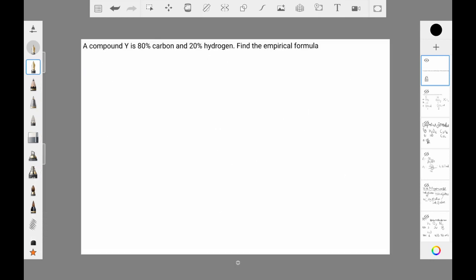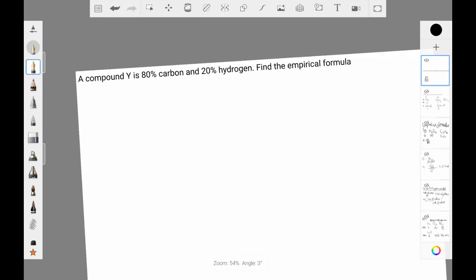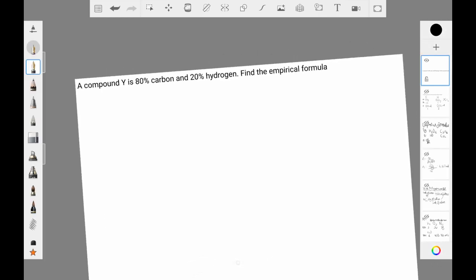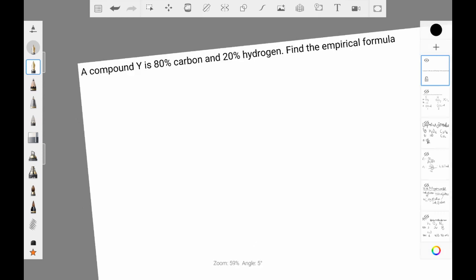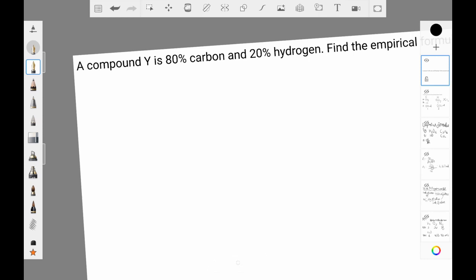So here we have another example. A compound Y is 80% carbon and 20% hydrogen. Find the empirical formula. The first thing you'll notice here is that they haven't actually given you the masses for carbon and hydrogen. That's fine. Let's look at how you can solve a question like this. Again, you start by writing down the elements.